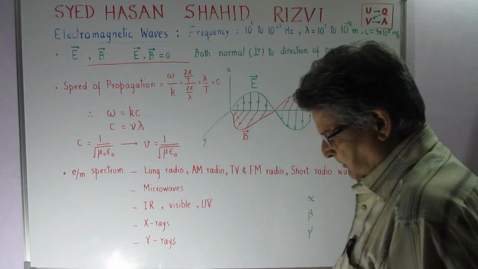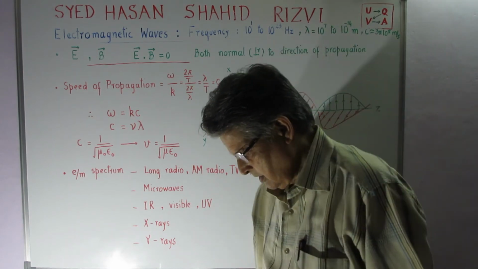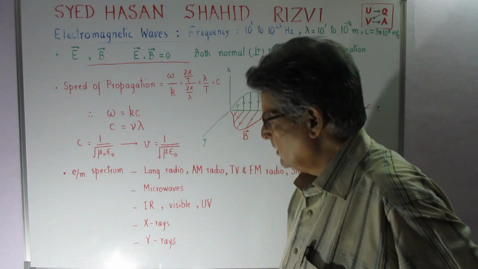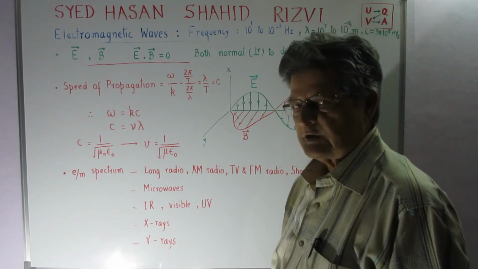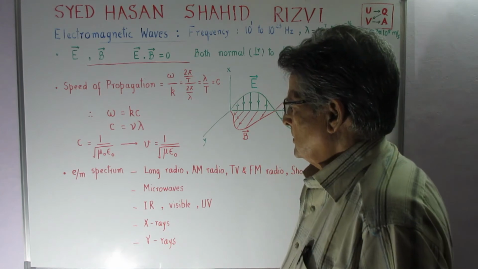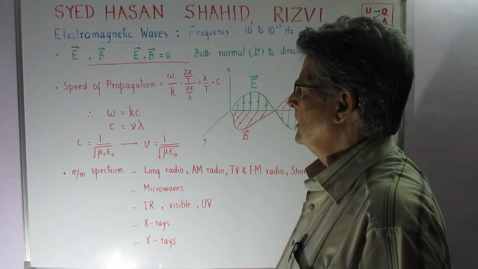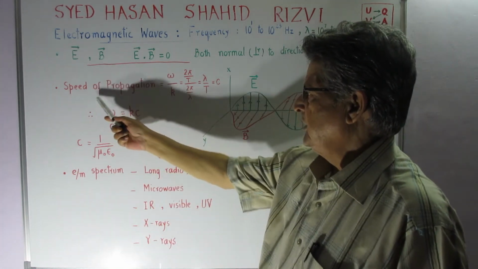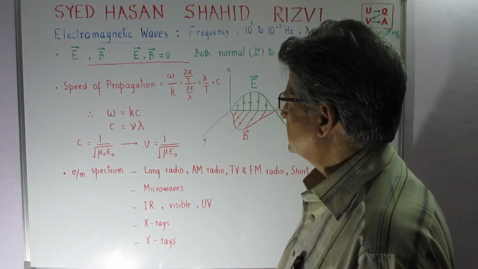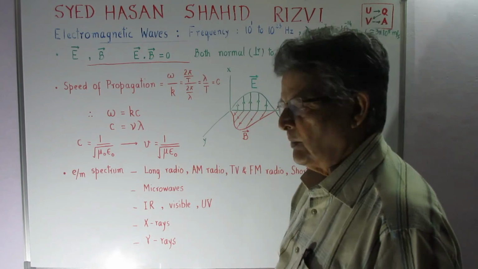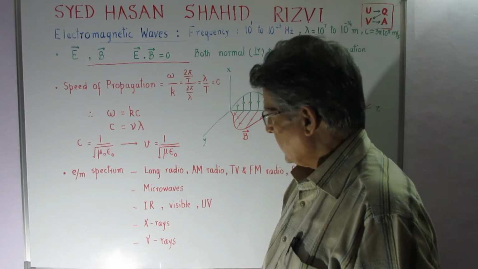So in keeping with what we've learned before in the propagation of traveling simple harmonic waves, we say that the speed of propagation of the waves is given by omega divided by k.